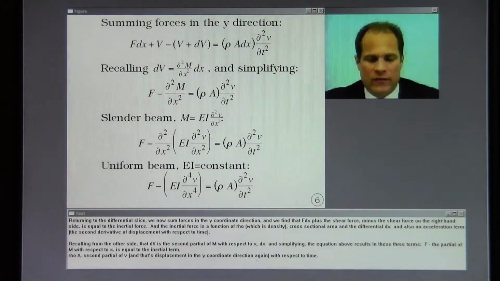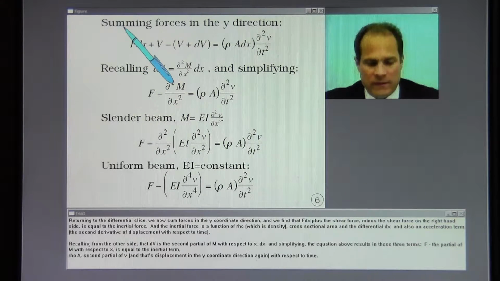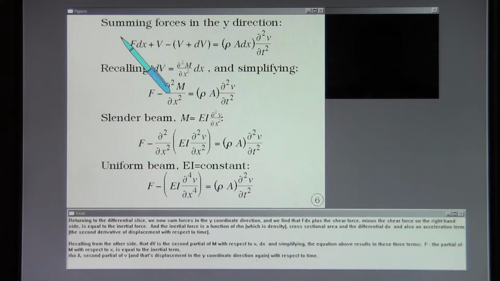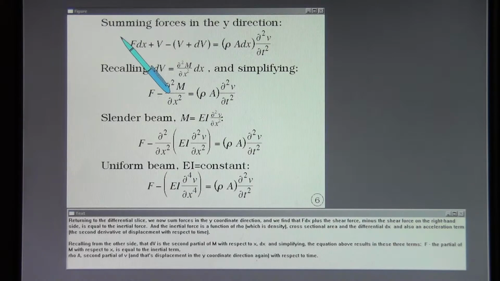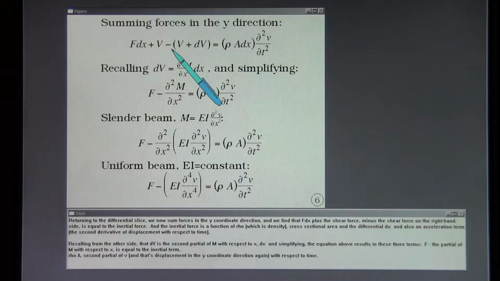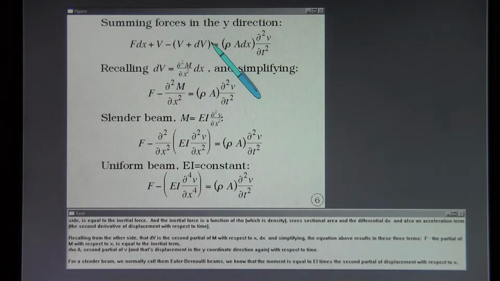Returning to the differential slice, we now sum forces in the y-coordinate direction. And we find that f dx plus the shear force minus the shear force on the right-hand side is equal to the inertial force.